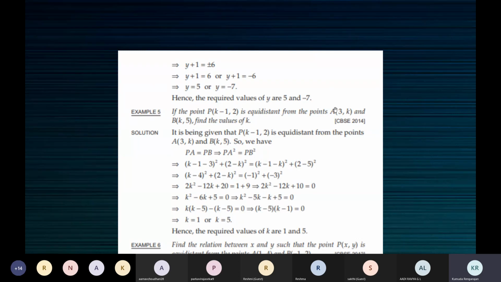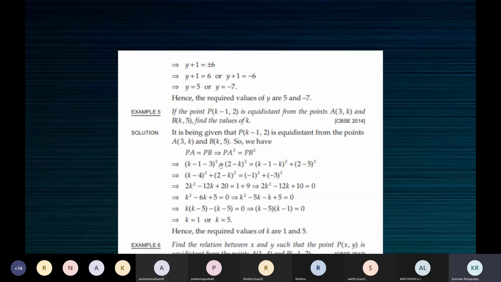K minus 1 minus 3 the whole square. According to the formula, x2 minus x1 the whole square. Plus, according to the formula, the difference between the y coordinates, 2 minus K or K minus 2 the whole square.